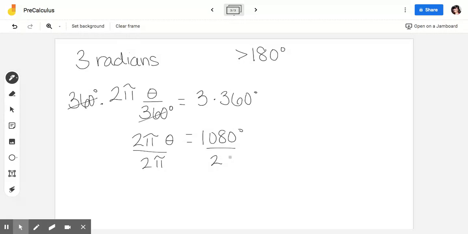This is not at all the only way to convert radians to degrees. There's lots of other ways. This is just the way that I chose to do it in this video. So that's 540 divided by pi, which would actually have to be the exact value. Anything else you're going to give is an estimate. But so that we can see that it's a little less than 180, let's actually do 540 divided by pi.